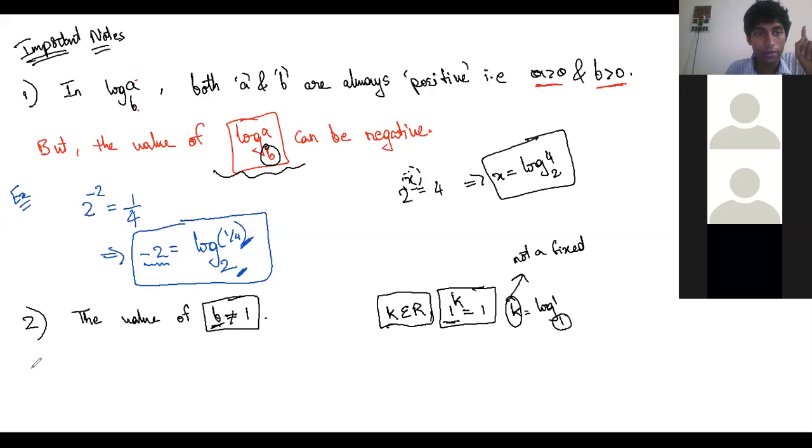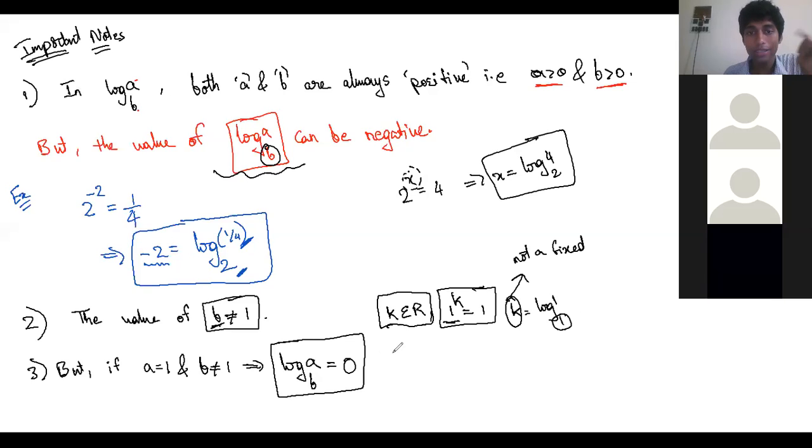Having said that, if a is equal to 1 and b does not equal 1, this implies log a to the base b is equal to 0.